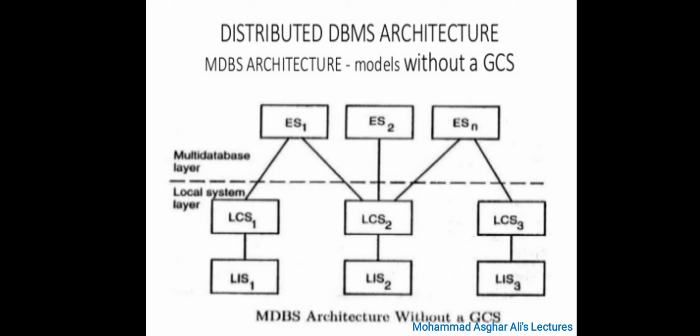The architecture depicted in the above figure identifies two layers: the local system layer and the multi-database layer on top of it. The local system layer consists of a number of DBMSs which present to the multi-database layer the part of their local database they are willing to share with users of other databases.